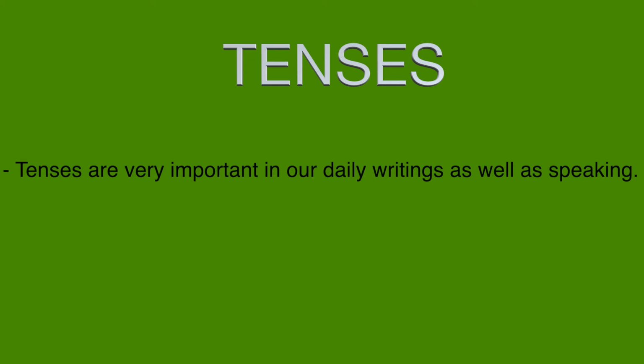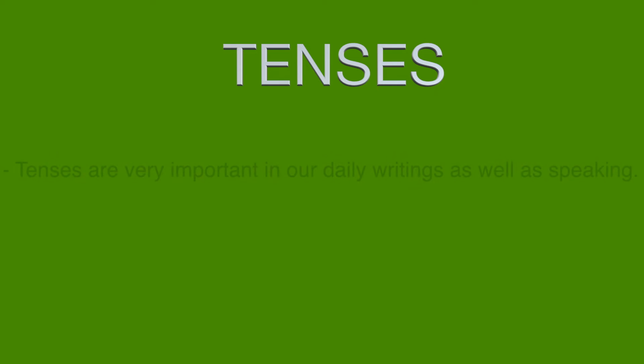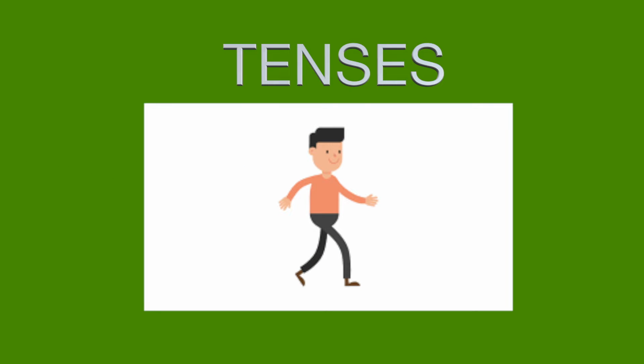Tenses are very important in our daily writing as well as speaking. The main tenses found in many languages include the past, present and future. For example, Eugene walks to school, an action happening now, at the moment.